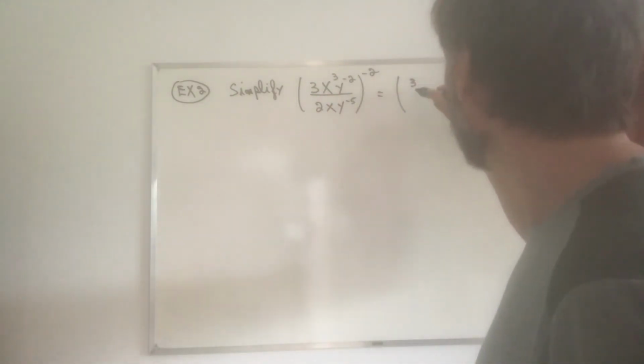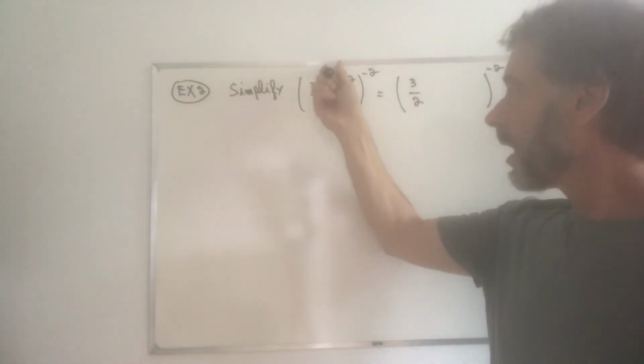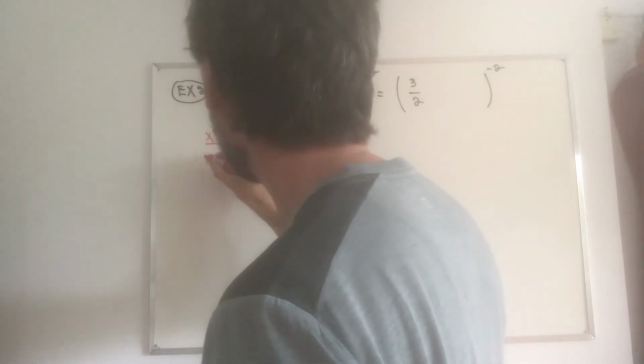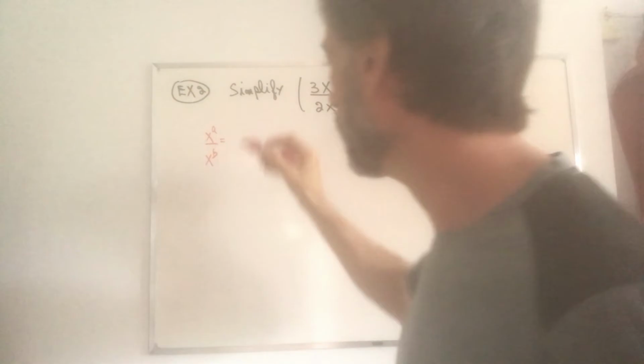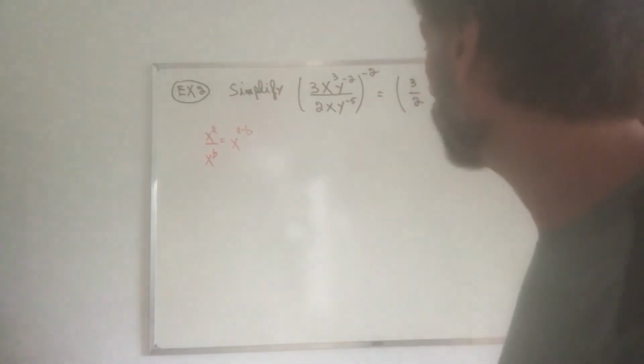So that's going to be 3 over 2. What about x cubed on top and x to the 1 downstairs? What's the rule here? x to the a over x to the b. Yes, what is that? That is x to the a minus b. Seguro.